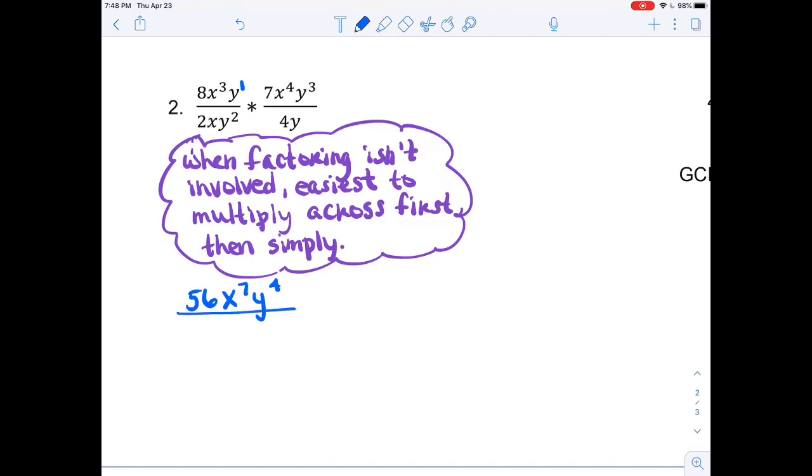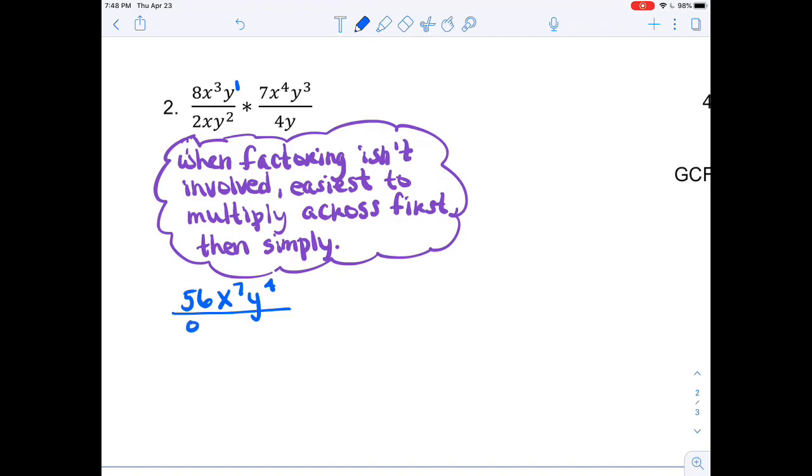All right, on the bottom, we are going to multiply again. So we have 2 times 4, which gives me 8. My x's, I have an x to the first. Oh, and this other one doesn't even have an x, so I'm just going to still be left with an x or an x to the first. And then y's, I have a y squared and a y to the first. So 2 plus 1 is 3, y to the third.